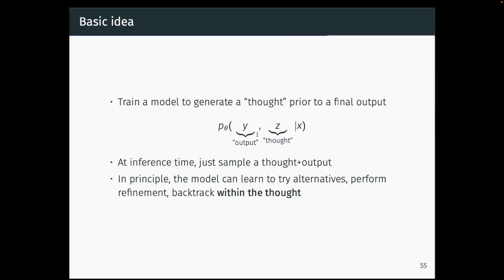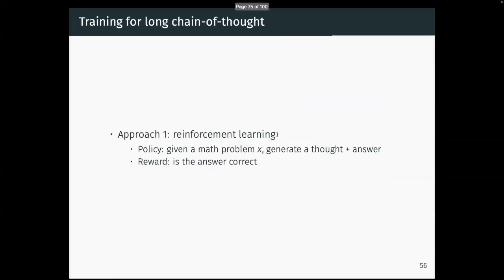Instead, it's a cool idea that maybe within this thought sequence, the model can actually perform self-correction, perform backtracking, perform whatever it needs to do in order to solve a task. And this would be potentially useful because then you could use a simple inference algorithm and maybe get these performance gains by making sure you have long enough thought. So that's the basic idea.